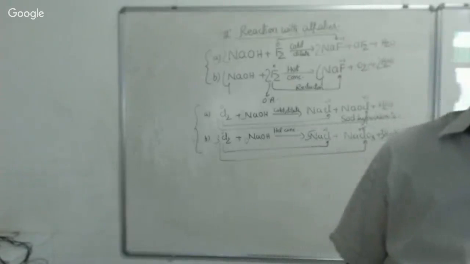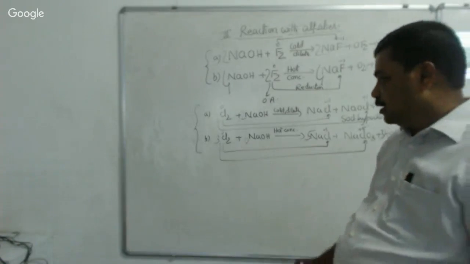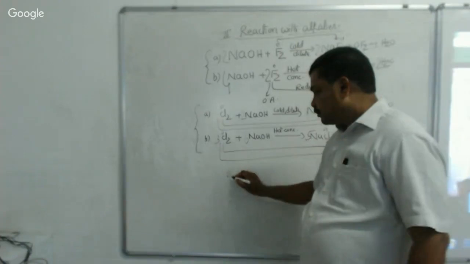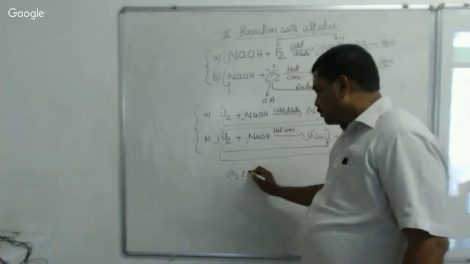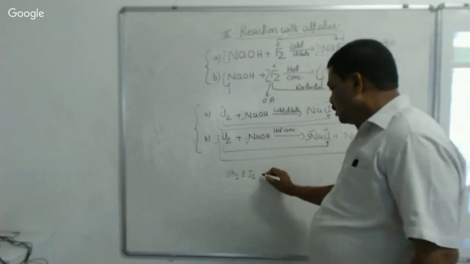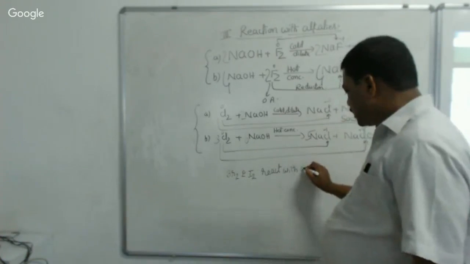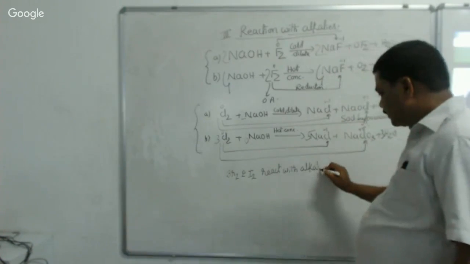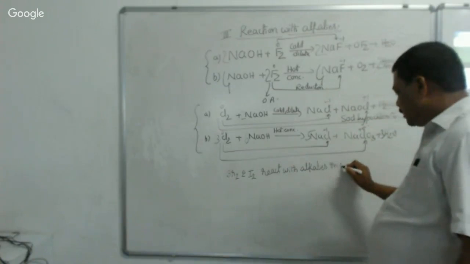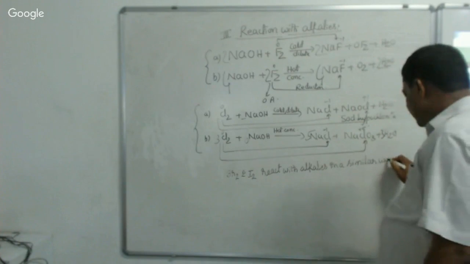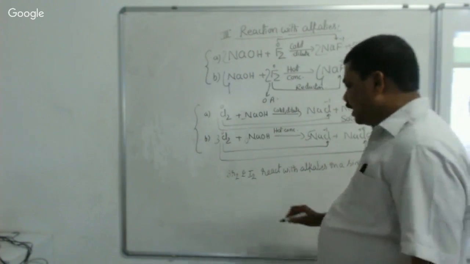Then you may ask me, what about bromine and iodine? Br2 and I2 react with alkalis in a similar way, like chlorine.